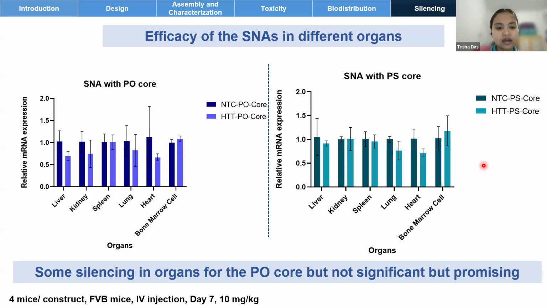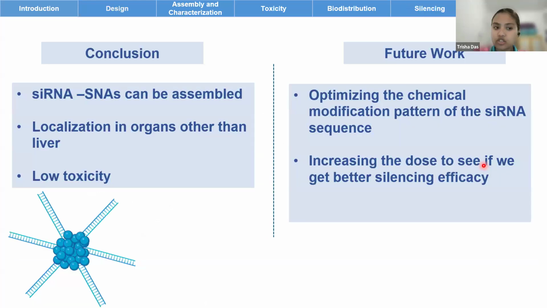In the end, we will be moving to higher dosages and also playing with the analytical chemistry to make it more efficient. In conclusion, we had siRNA SNAs which can be assembled. We also saw that they localize to organs beyond the liver.